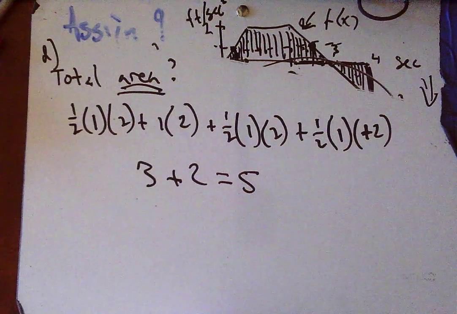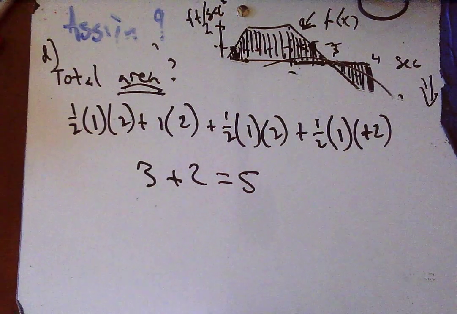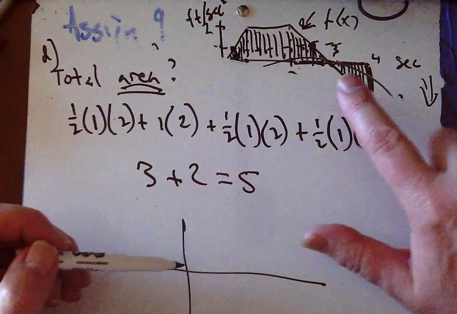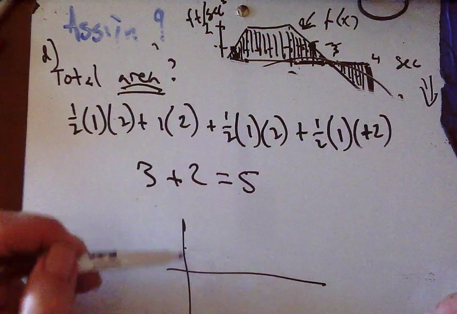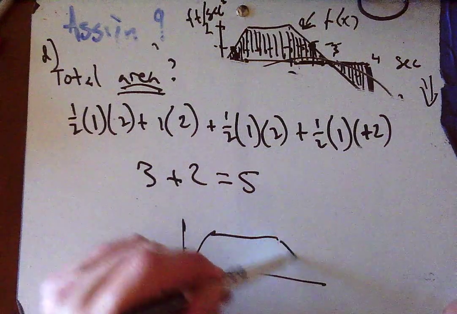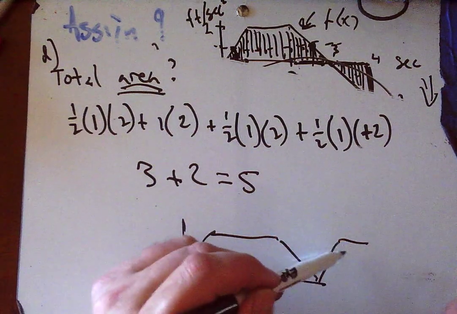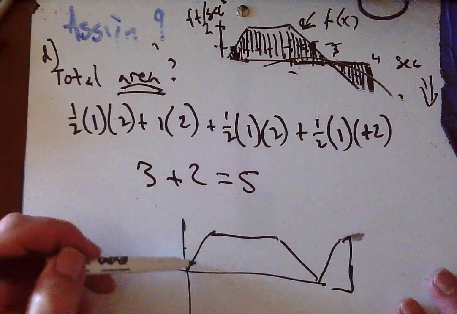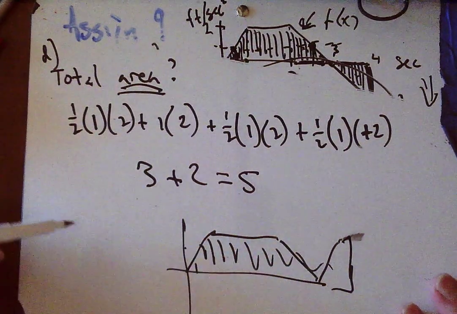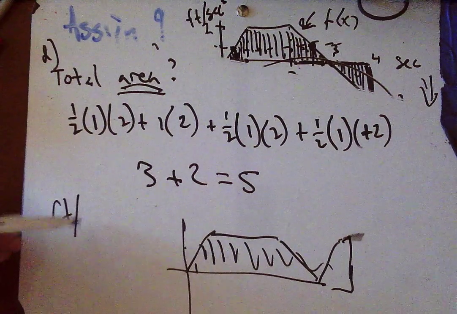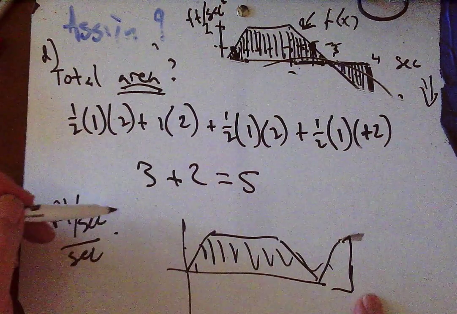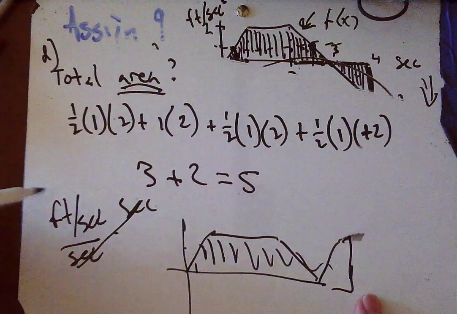What would that represent? I don't know. Let's think about it. This, in essence, is flipping that up. Oops. So I've got something like that. I'm finding all this area, which means I'm doing feet per second times seconds.